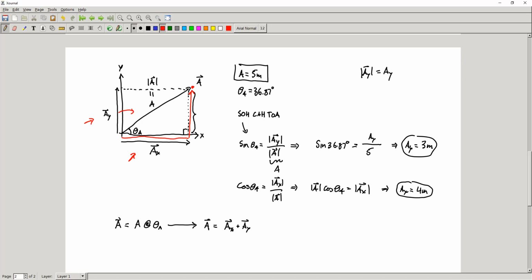So really what we have here is a way to translate from a vector written in this way to a vector written in this way, where this is the way we need a vector written to be able to break the problem up. Because now we just take the ax part and the ay part, and we have 2 separate problems, one in the x direction and one in the y direction.